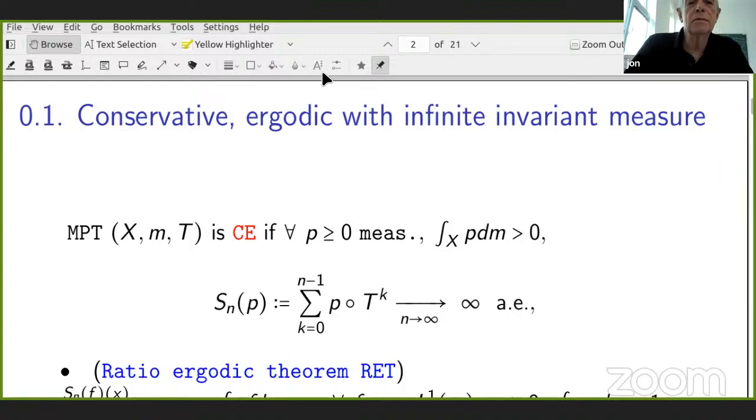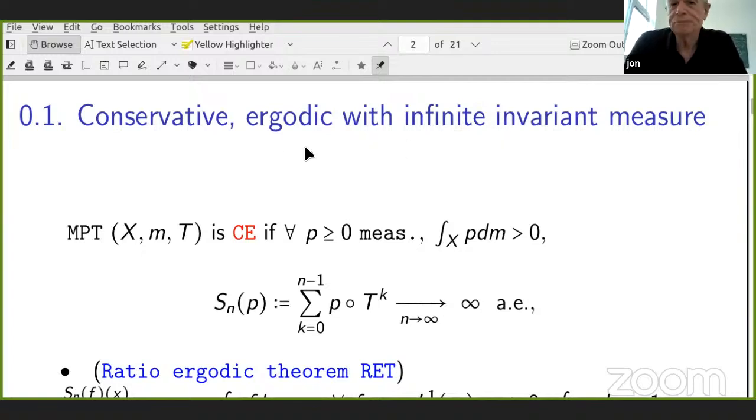Now we're good. So, a measure-preserving transformation, you can call it conservative and ergodic if for every non-negative measurable function with positive integral, you take the Birkhoff sums, and they tend to infinity almost everywhere. This covers conservative, because if I took the indicator function of a set of positive measure, this would mean that I come back infinitely often to the set.